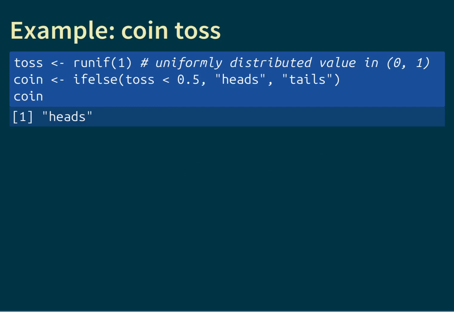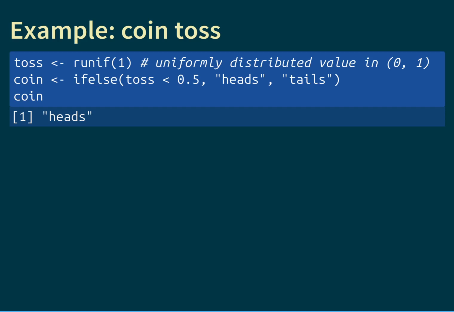Let us consider a perhaps more inspiring example of how one might use the ifelse function to help simulate real-world processes. So in particular, let us try to simulate a coin toss. And we're going to do this in the following way. First of all, there is a function that is built into R that is called runif, that is used in the first line. This will generate a number of uniformly distributed random numbers in between 0 and 1.